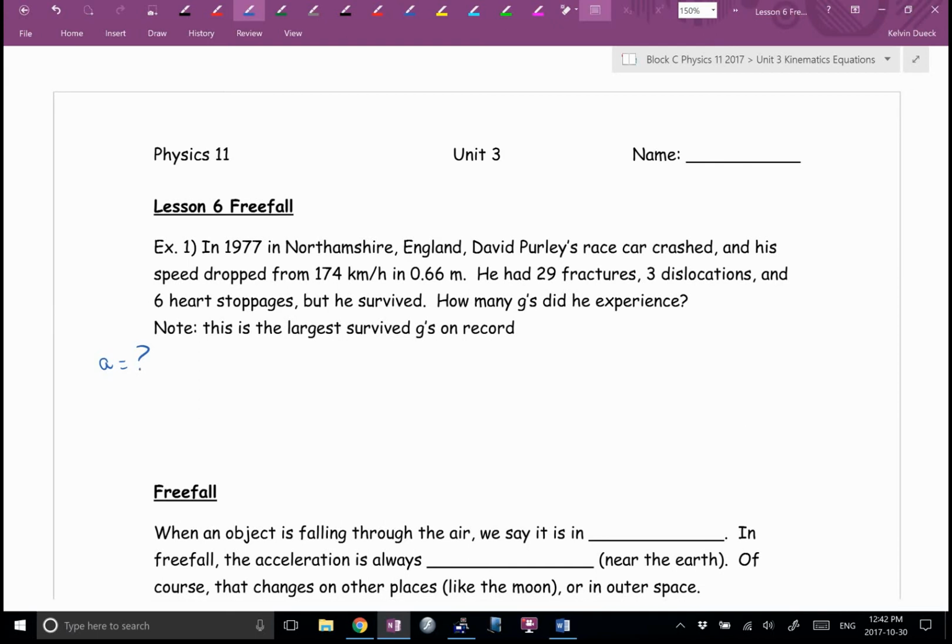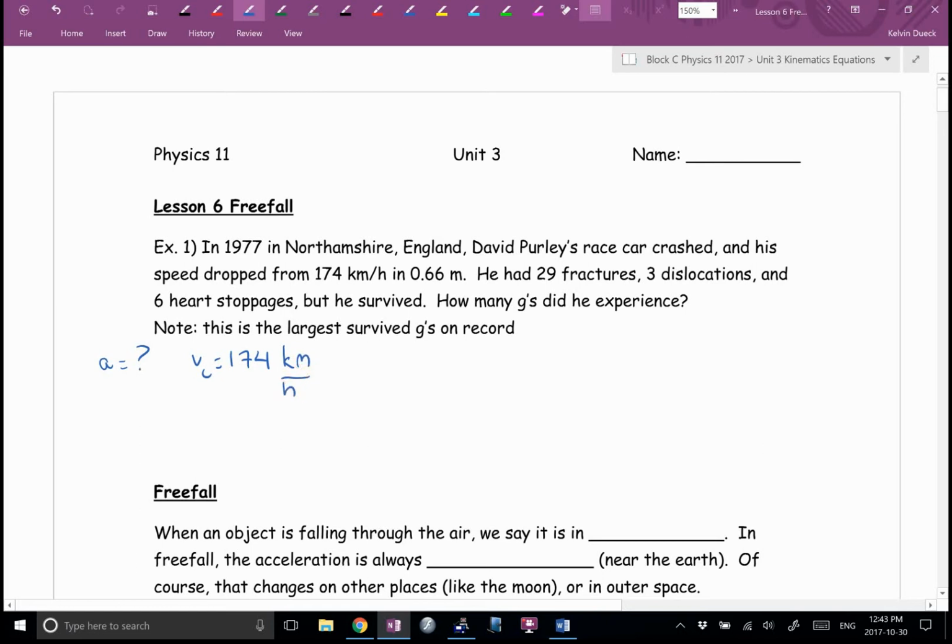That number 1977, am I going to use that at all in my calculus? That's the year. So not every number gets used. I see 174. What's that? It's VI. Why don't I like it? Units. Okay, so I'm going to write this. VI equals 174 kilometers per hour.